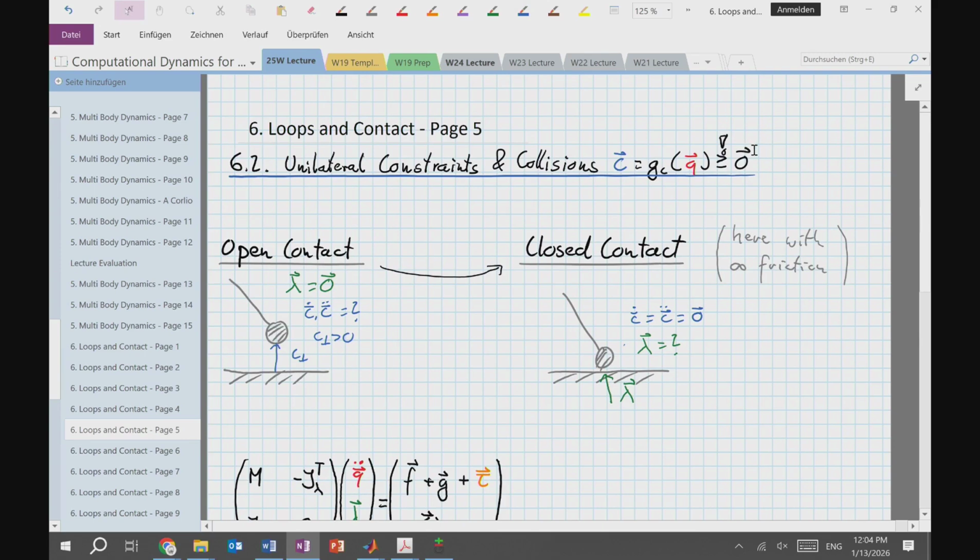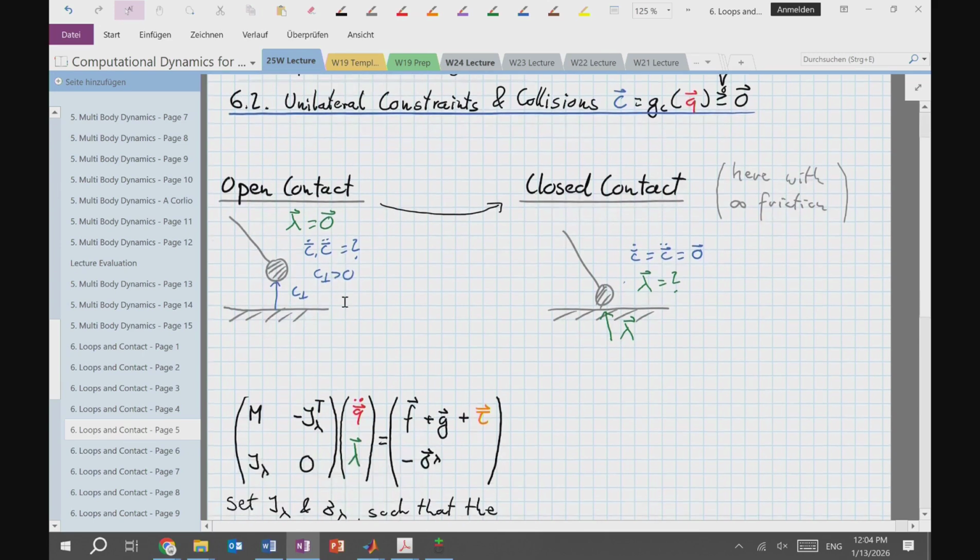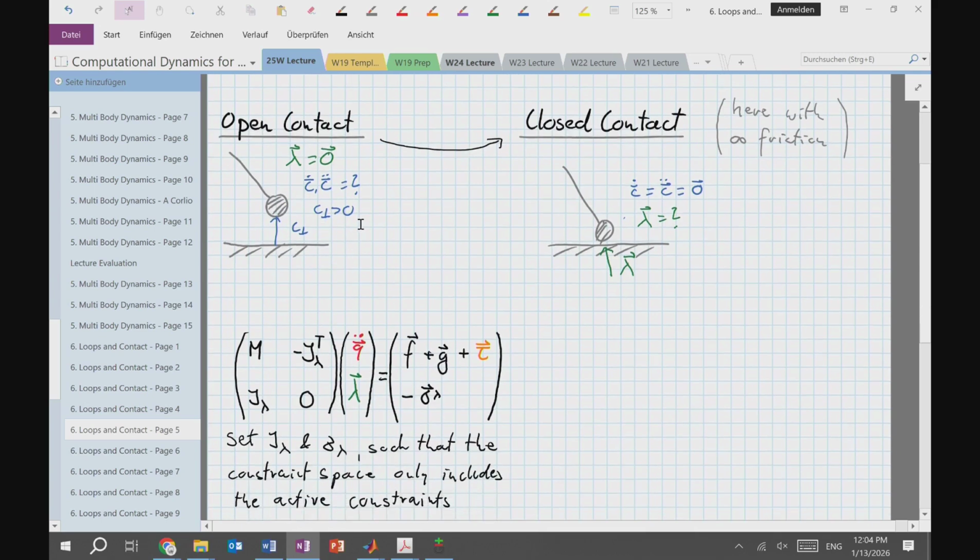We talked about equality and inequality constraints, and here I'm basically showing you not the entire thing, but this perpendicular distance that is not equal to 0, but that has to be larger or equal to 0, because here on the right-hand side, of course, that perpendicular contact violation has to be equal to 0, right? Overall, between the two cases, we get sort of this inequality. This distance should be larger or equal to 0. In the left case, it's strictly larger than 0. In the right case, it is equal to 0.